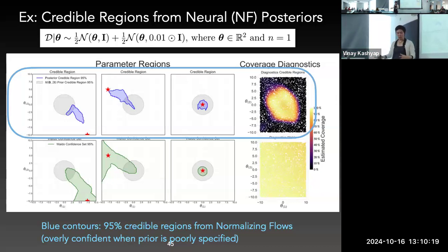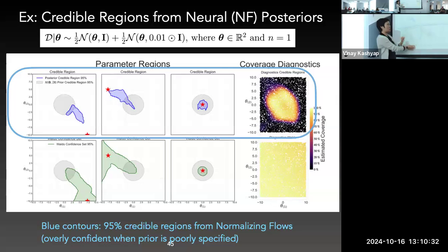We just use the same neural network, the CNN, then we form a Waldo test statistic, and we use the Neyman inversion. And these are the confidence sets we get. They're a little bit bigger, but I think they should be. So the bottom line, which is cut off, is that these are the credible regions, and these are the frequentized ones from the normalizing flow. They're overconfident when the prior is here and the truth is here, that is, when it's misspecified.